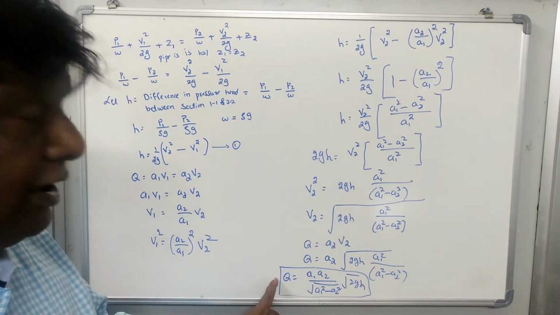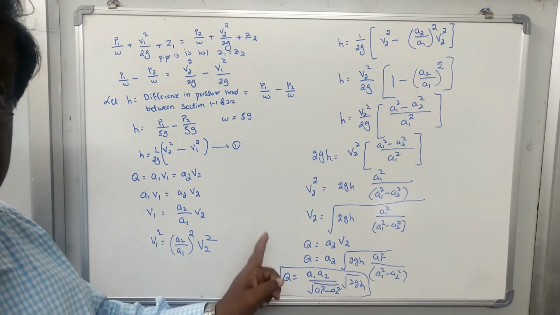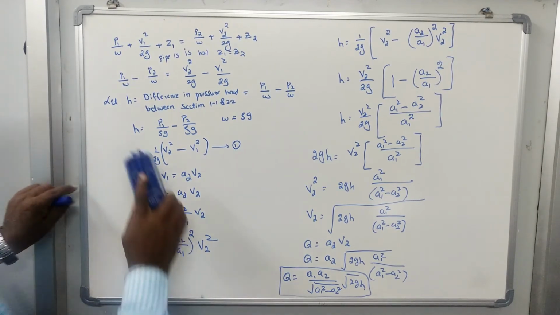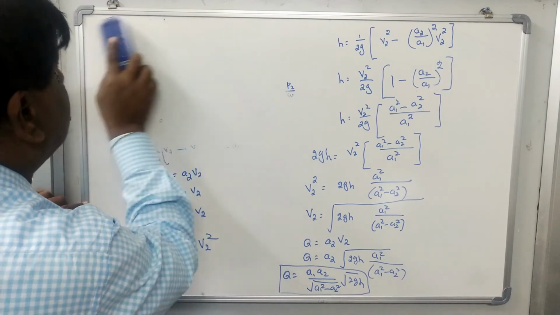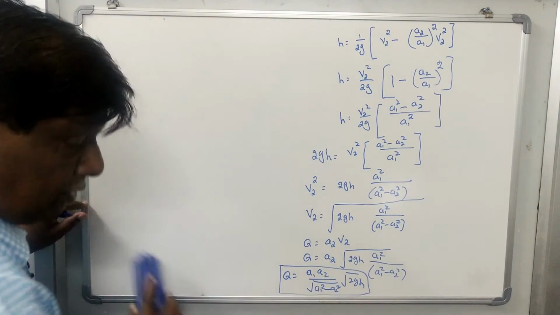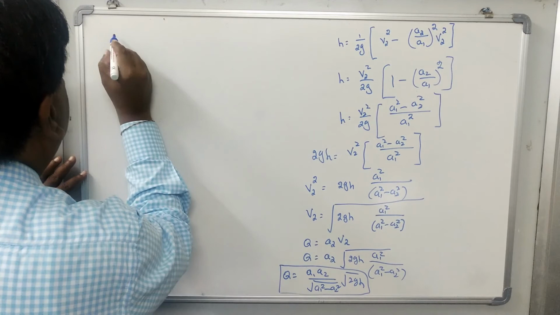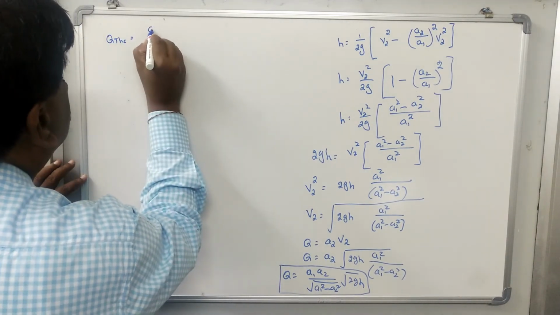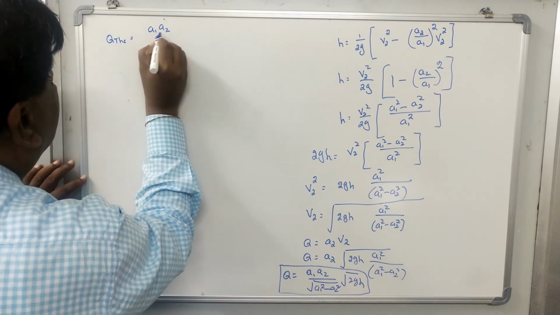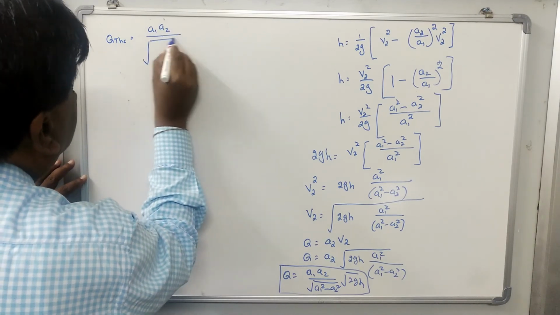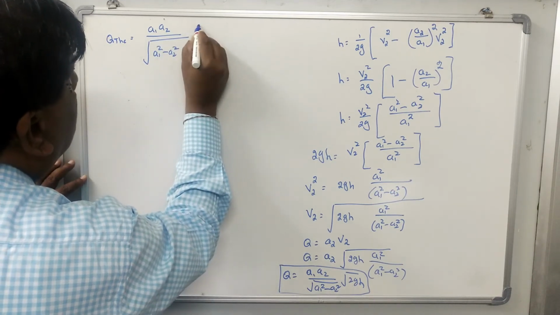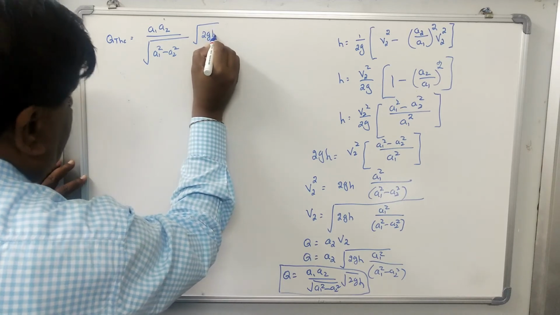So whatever discharge we are getting here is the theoretical discharge. So Q theoretical is equal to A1 A2 divided by square root of A1 square minus A2 square, then square root of 2GH.